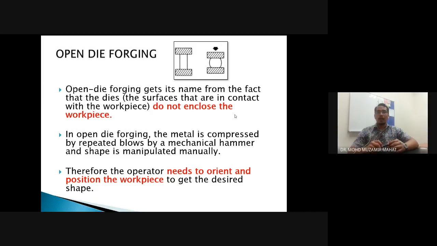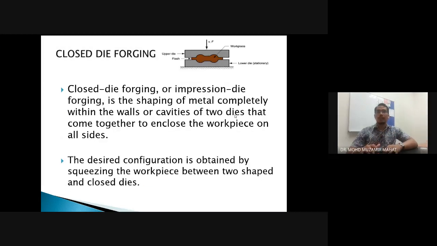In this system, the metal is compressed by repeated blows by a mechanical hammer, and the shape is manipulated manually. Therefore, the operator needs to orient and position the workpiece to get the desired shape, meaning that you decide what kind of shape you want it to be.